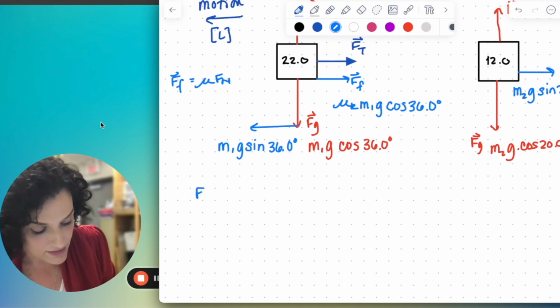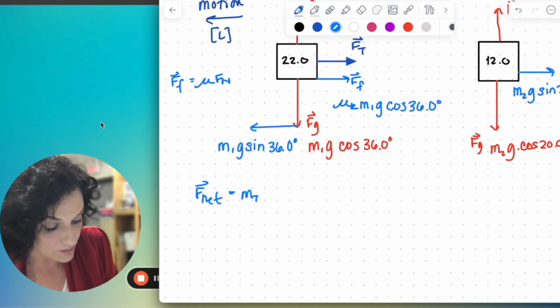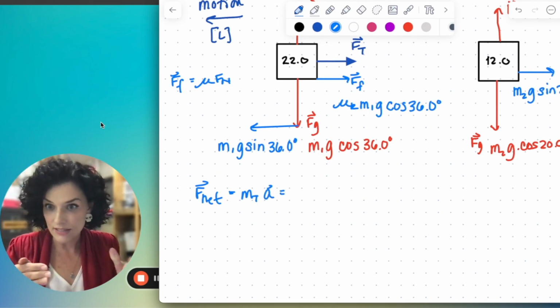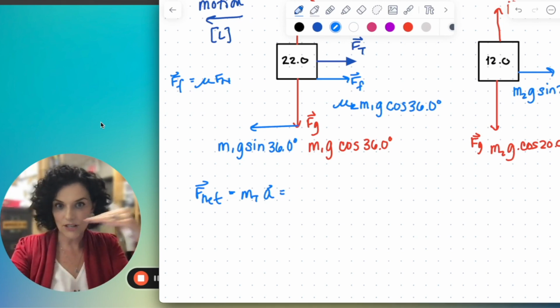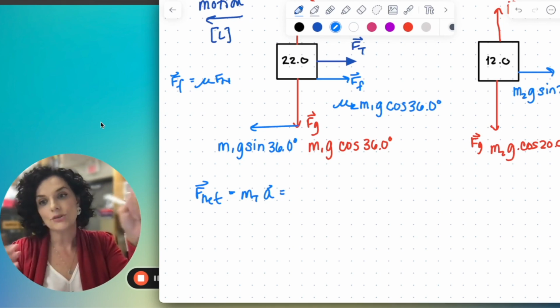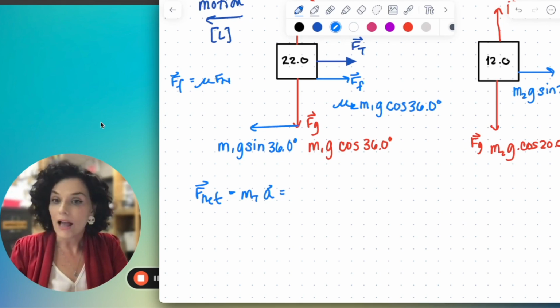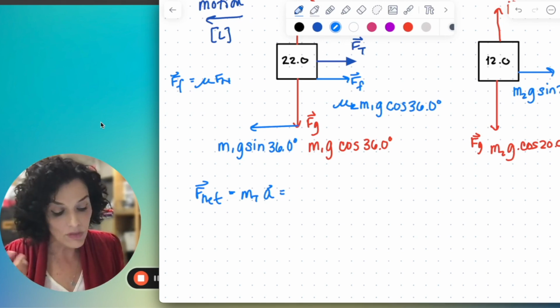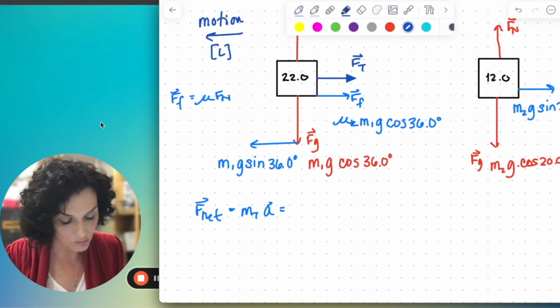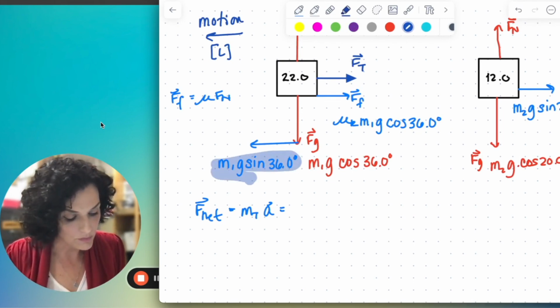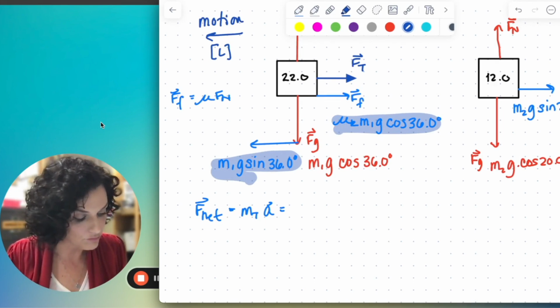So my F net is going to be my total mass of the system times the acceleration of the system. But we also have to consider all of the little blue arrows here going left and right, adding up to give us our total F net in the X direction. So this means I'm going to be adding my components here.